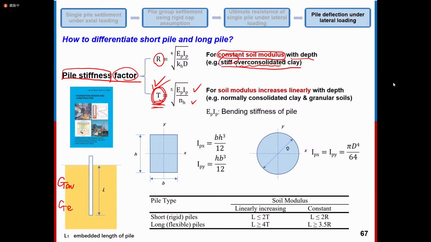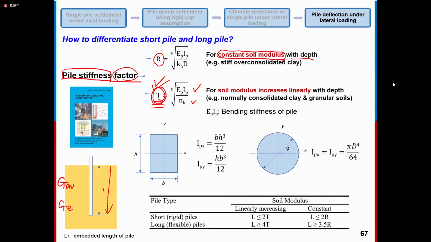We make this assumption, the constant soil modulus with depth, because this soil is over-consolidated. It has experienced a very high pre-consolidation stress, so the current self-weight of the soil doesn't obviously affect the soil behavior.